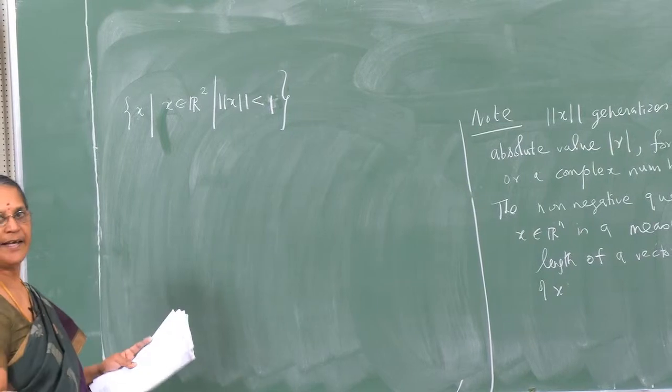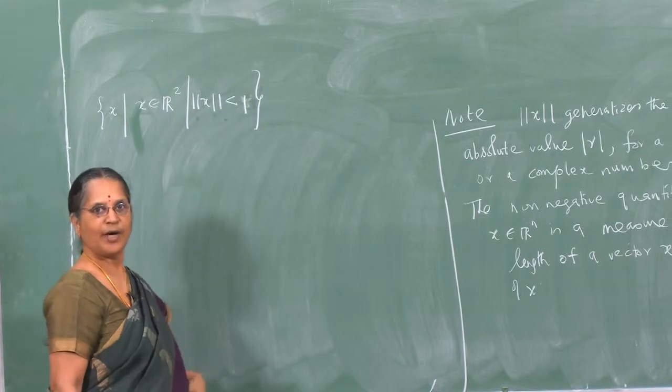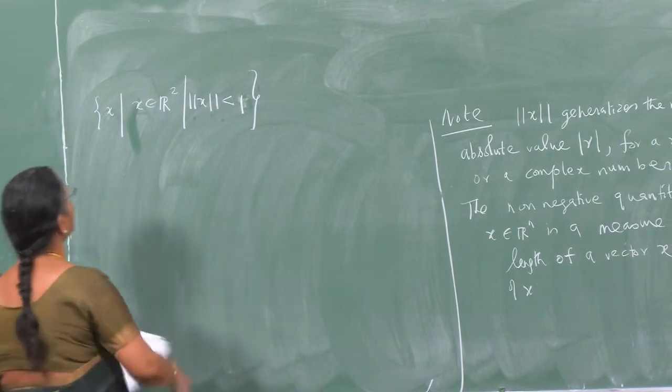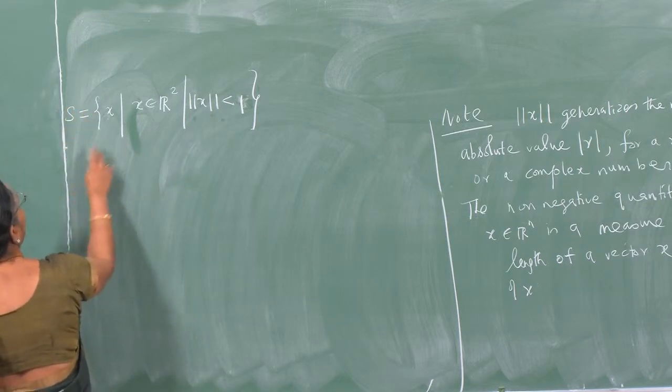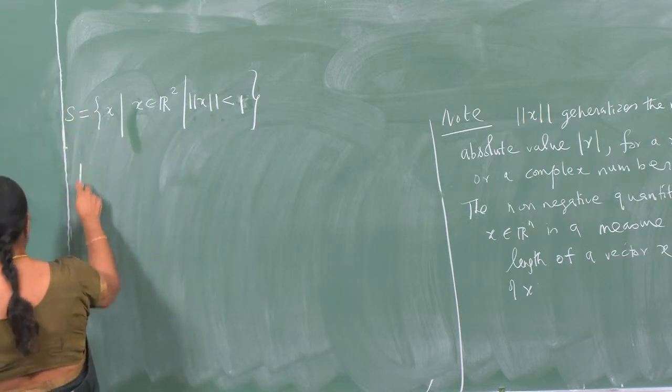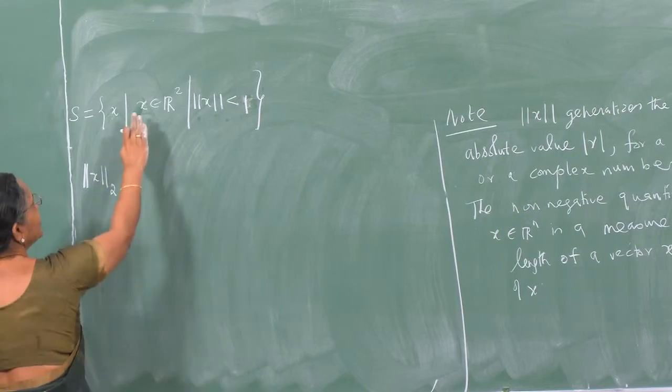R2 is a plane. So, in R2 such that norm of x is strictly less than 1. Suppose I want to sketch this set, I call this S, and I want to use the norm as the Euclidean norm. What is the set?